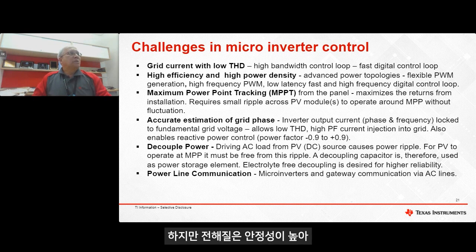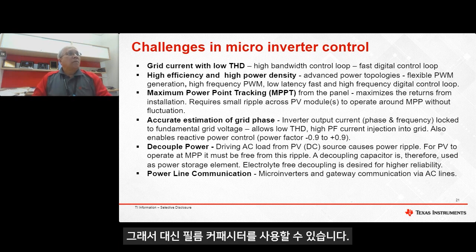Electrolytic capacitors can be used, but because of higher reliability, an electrolytic-free design is desired, so the capacitance must be minimized so that a film capacitor can be used instead.